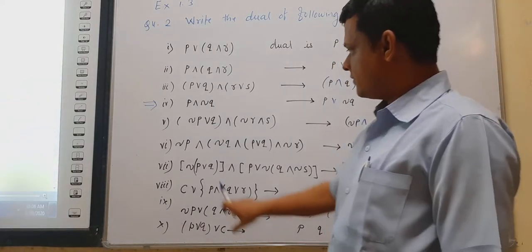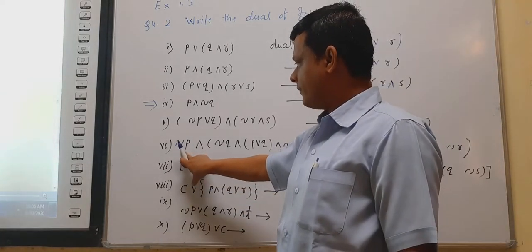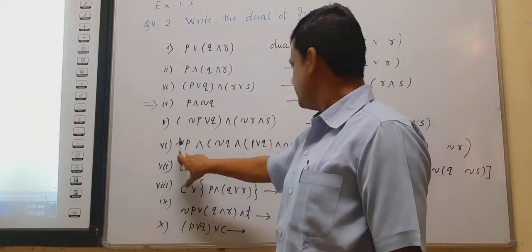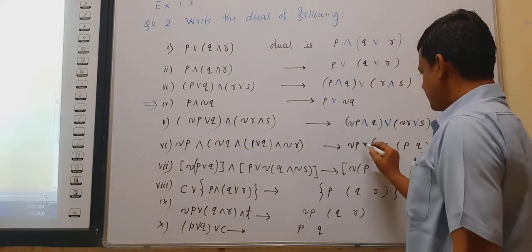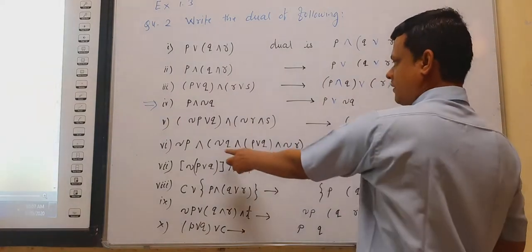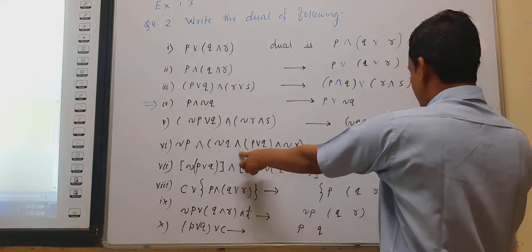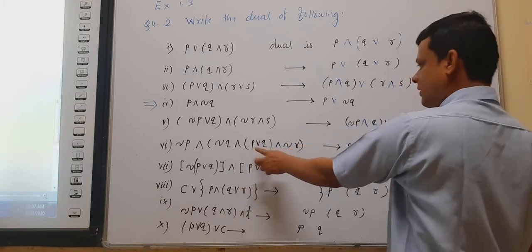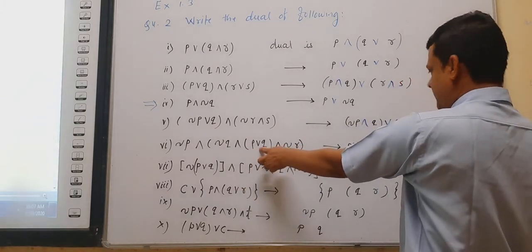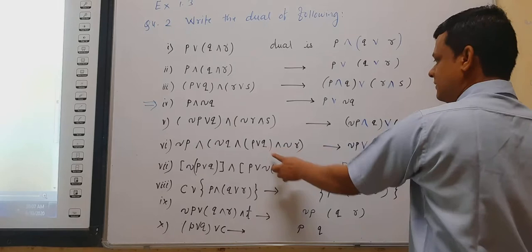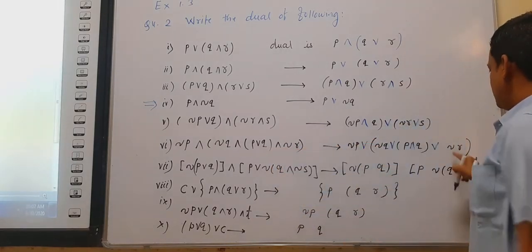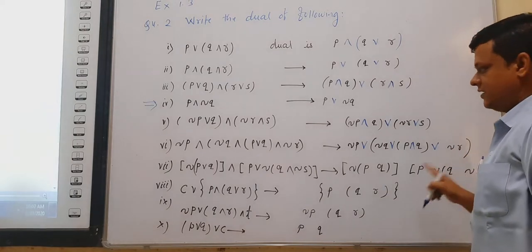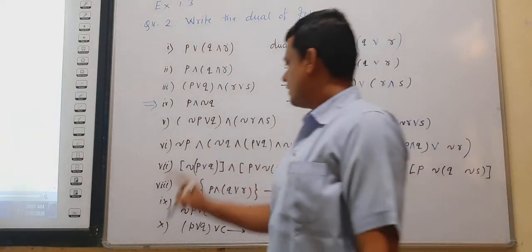See the sixth example, negation of P. Keep negation as it is, negation of P, and is replaced by or, negation of Q as it is, and is replaced by or. P or Q, replace this or by and, and is replaced by or. Keep negation of R as it is. This is the dual for the given statement.